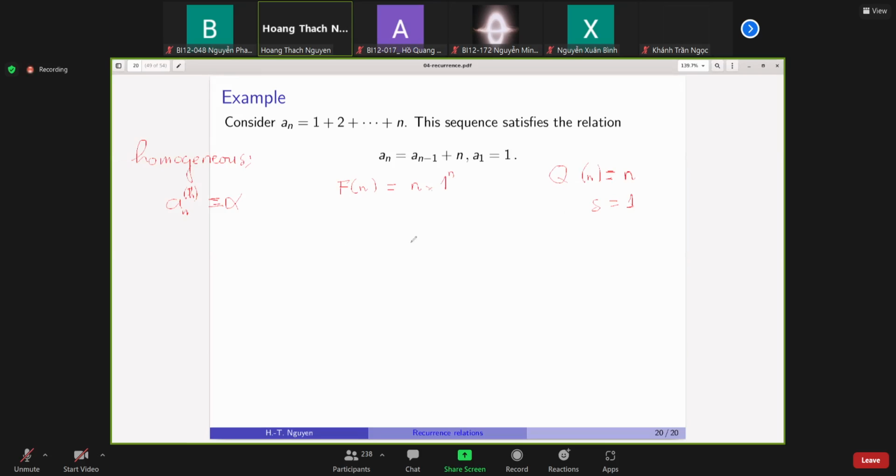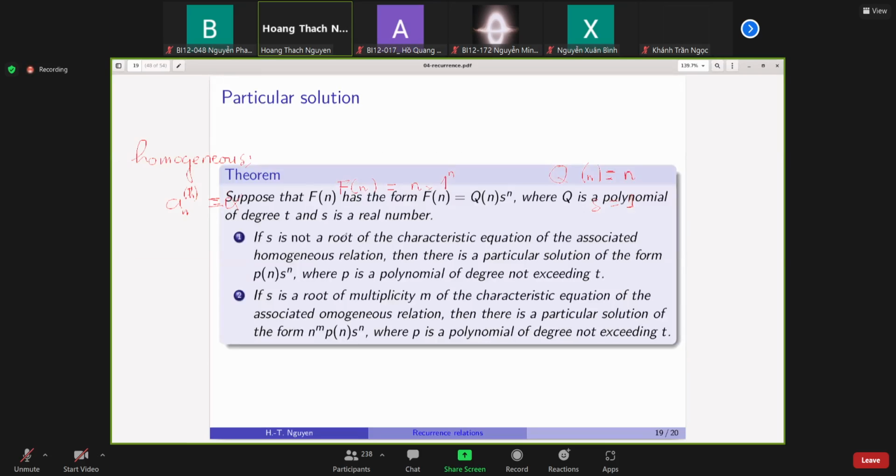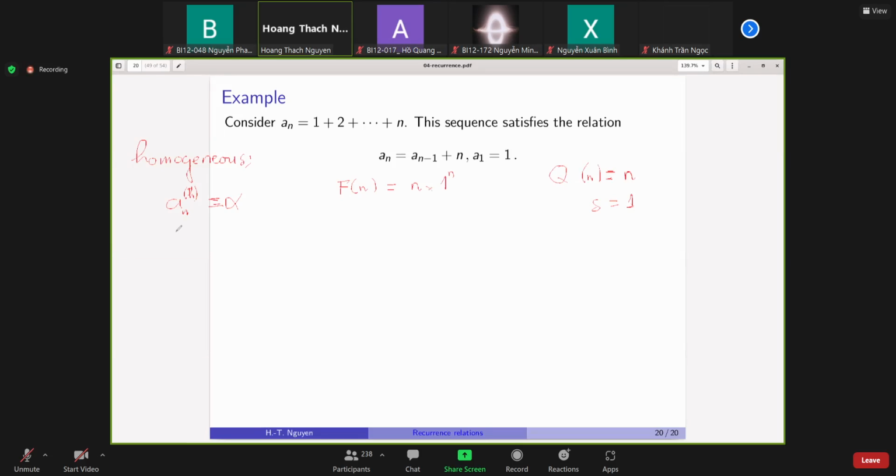So let us look at the theorem. Is s a root of the homogeneous relation? The characteristic equation is x minus 1 equal to 0. So s is the root of this equation.